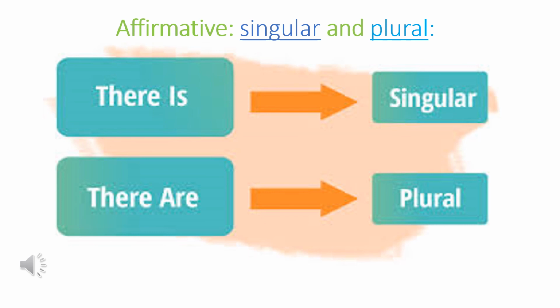So please don't forget, we use there is when the noun is singular, when the noun is only one, and we use there are when the noun is plural, when the noun is more than one.